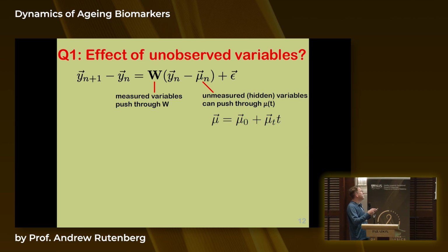So these fixed points, and for instance, the age-dependent drift of these fixed points, are one place where unmeasured or hidden variables can include themselves in the model. I've also alluded to the fact that, of course, things that aren't in the model could be just captured by the noise. And that's another possibility.